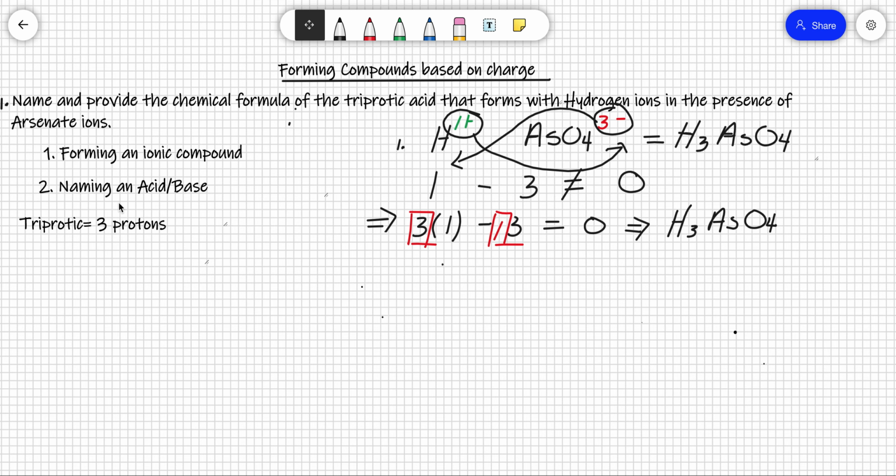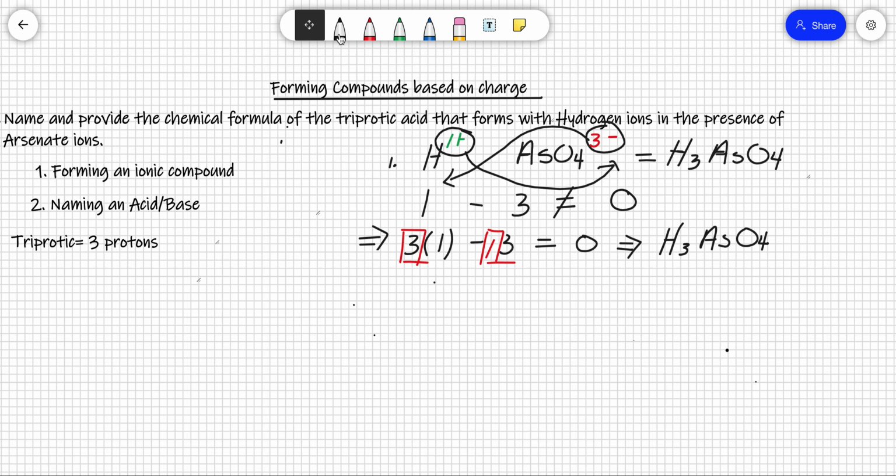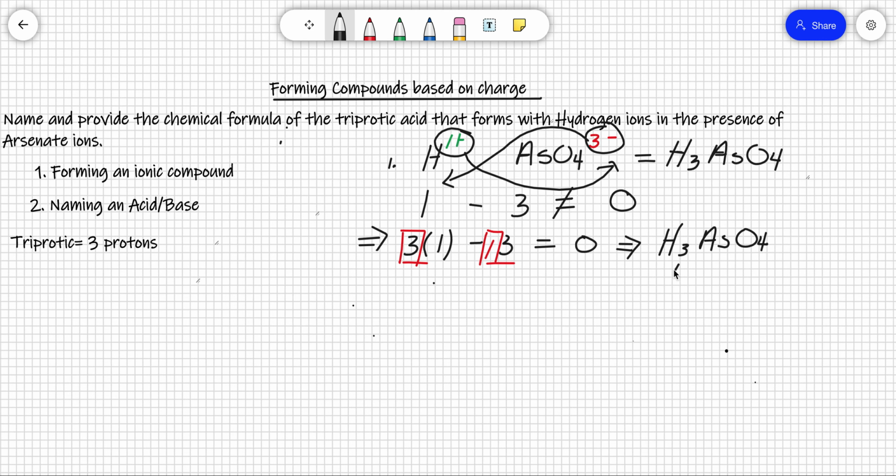It's just a single proton. So when we're talking about the word triprotic, what we're saying is that there are 3 protons present in this acid. So this number here of hydrogens is what we know as triprotic. Now, if there would have been 2 hydrogens, then we would have called that diprotic. And if it was 1 hydrogen, it would be monoprotic.